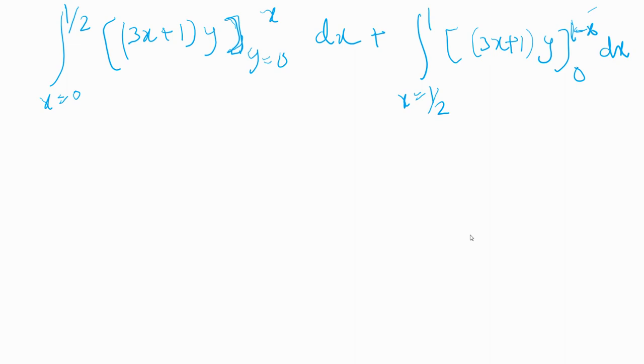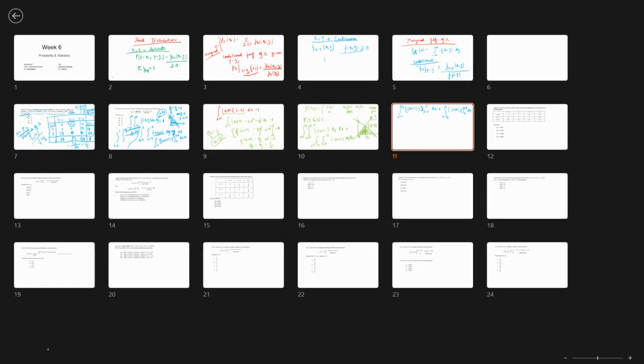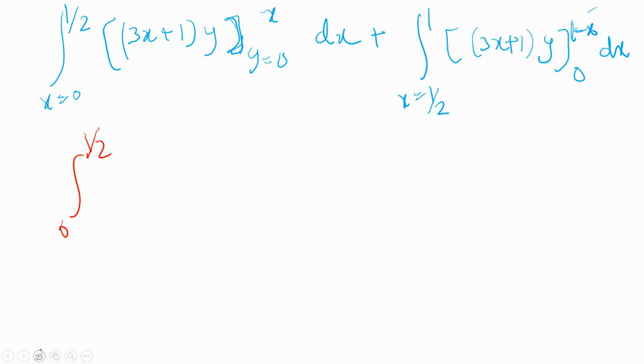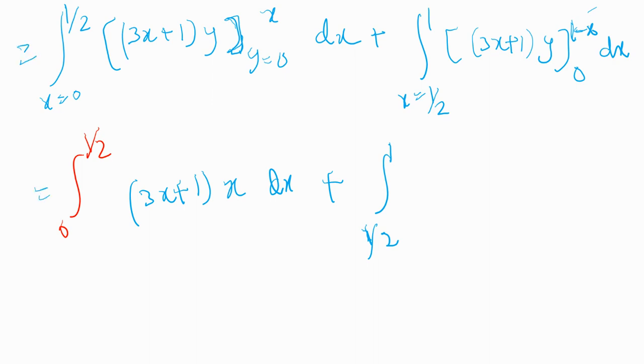So now we can just put the values. For 0 to half, this one will be 3x plus 1, and then y is 0 on the lower range, so the upper range gives x, dx, plus x from half to 1, and then 3x plus 1 times 1 minus x, dx.